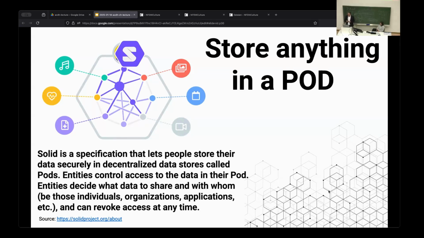And this pod is used for data storage. And the very important thing is the entities that have the pod control access to the pod. So it's turning the principle around that you have to give your data away. The applications come to you and request the data from your pod, and you decide what you give away.